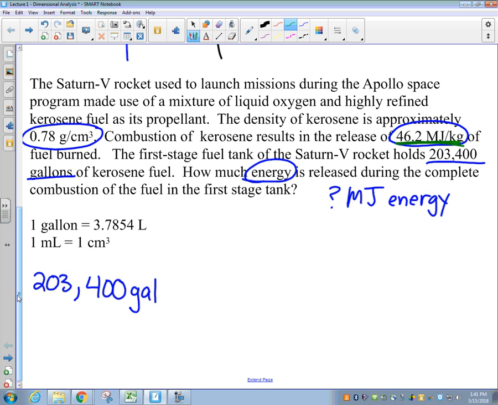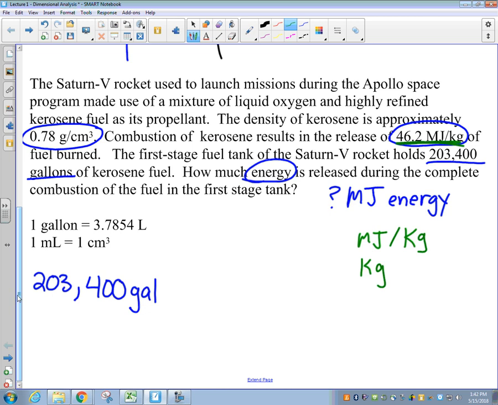Now if I backtrack from that, I want to find some variable that uses mass in it. I've got the megajoules per kilogram value that I'm going to use. If I want to go backwards from that, I need some value that has kilograms in it.